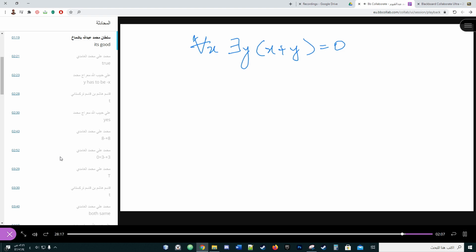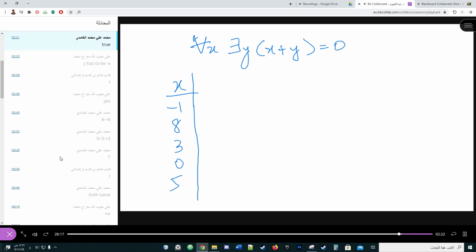So for all x, x could be -1, it could be 8, it could be 3, it could be 0, it could be 5, it could be anything. There is at least one y. So is there at least one y for which x plus y equals 0 is true?